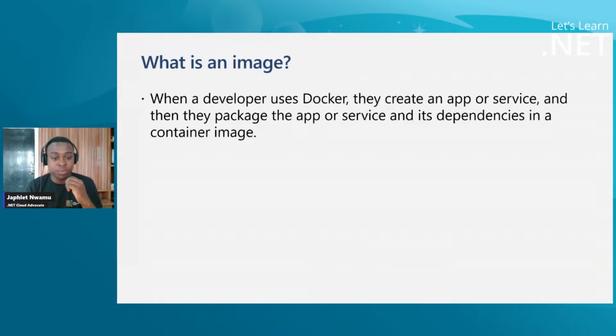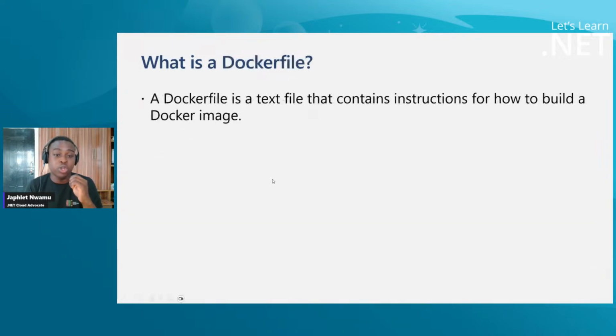Also, in the process of using microservices and containers, we'll be utilizing something known as Docker files. A Docker file is a text file that contains instructions on how to build a Docker image. They are usually written with a very minimal scripting language, and their goal is for you to utilize them to build and configure your images.